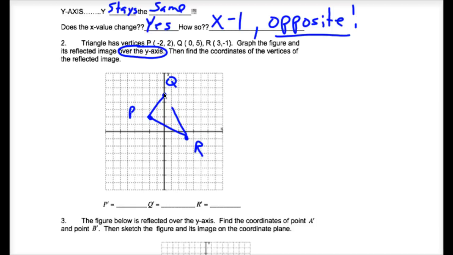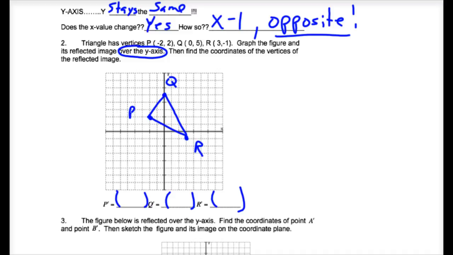And we're going to reflect it over the y-axis, the vertical axis. Wait, part of the triangle is on both sides. How could that happen? Can you flip it? Yeah. Part of it's going to be on this side, and part of it's going to be... the small part's going to be to the right, and the bigger part of it's going to be to the left. Okay.